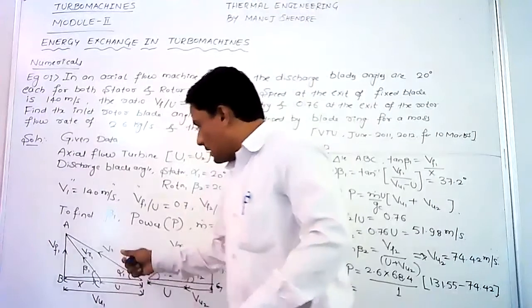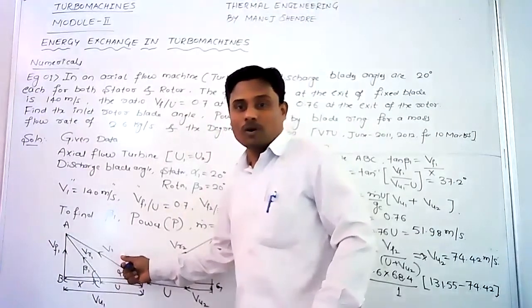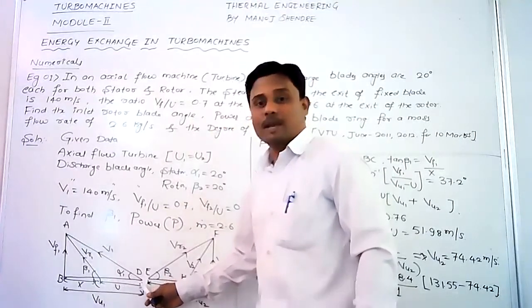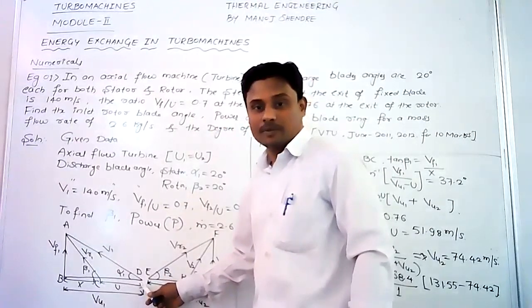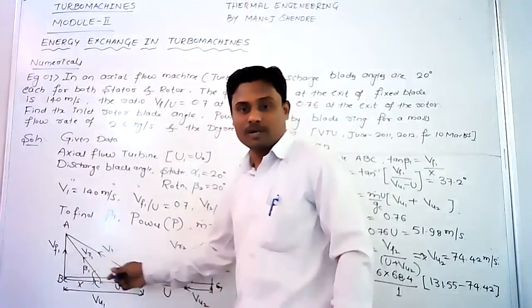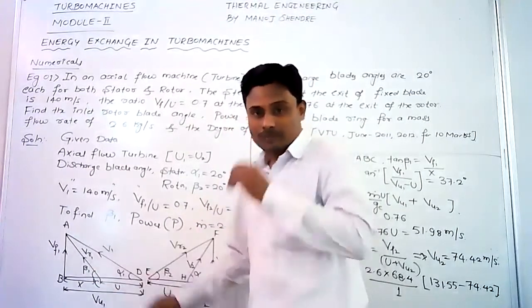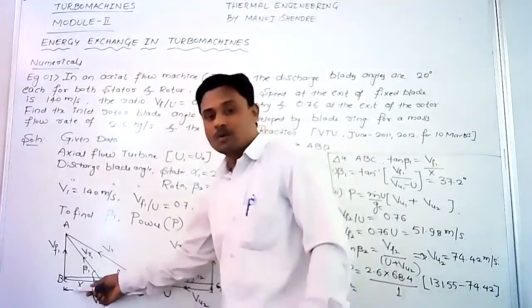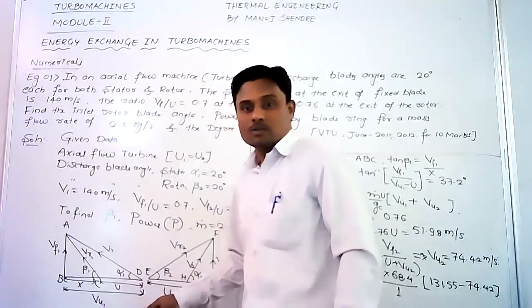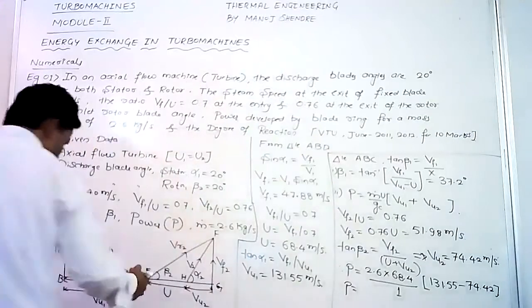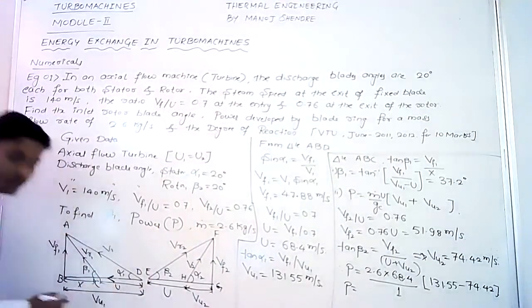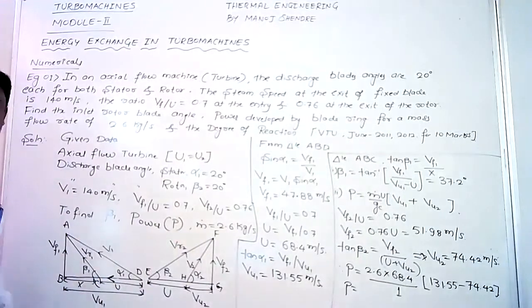The horizontal component of V1 is Vu1. V1 is emerging from the point D. In horizontal direction, its component is Vu1, and the direction of Vu1 is towards left.